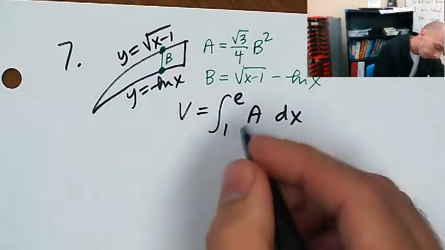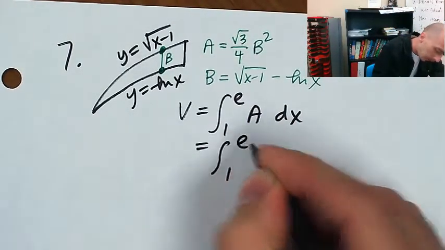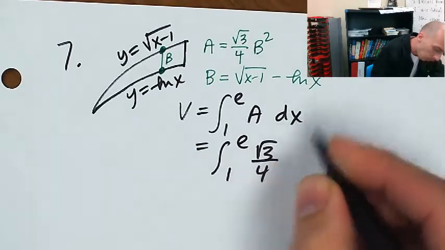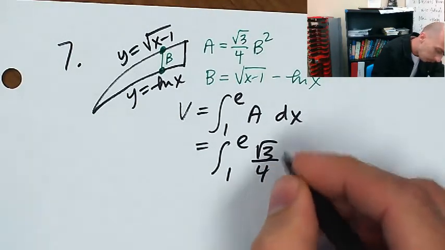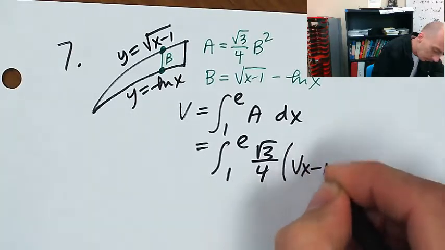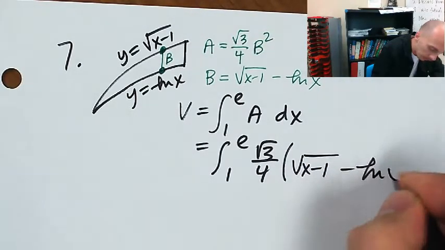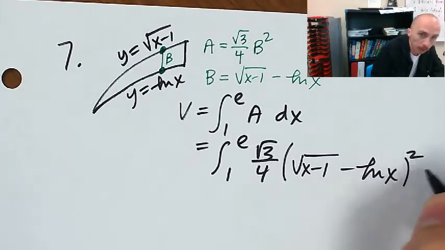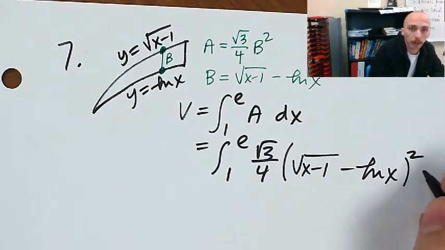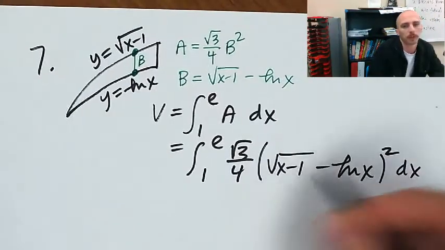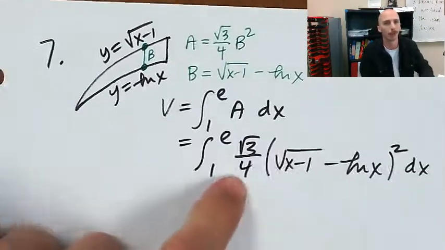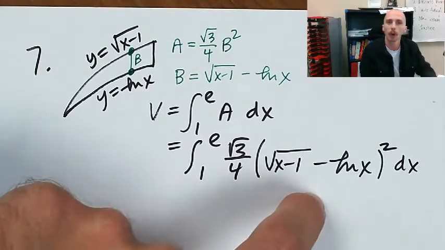So that's going to be the integral from 1 to e of root 3 over 4 times base squared, which is the square root of x minus 1, minus log x, squared, because it's root 3 over 4 base squared. This one is just not going to be the type of integrand we're going to be able to take the antiderivative of.